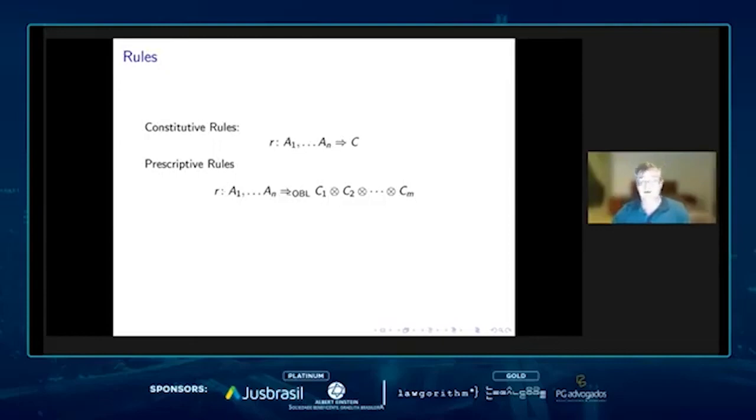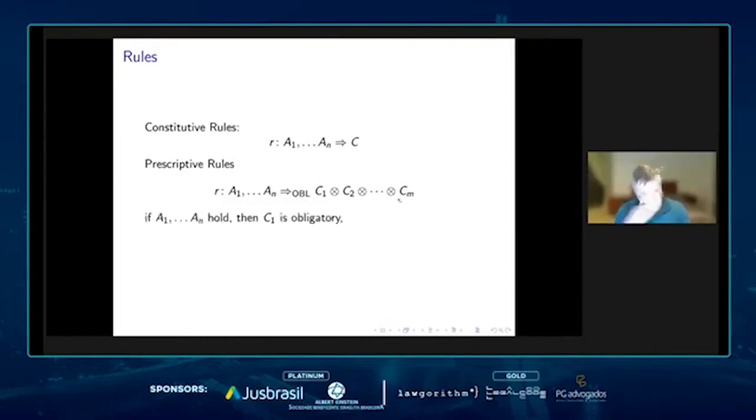We use the obligation, and the meaning of a prescriptive rule is to generate obligations or prohibitions or permissions. So if A1 to AN are the case, so if they are true or they hold in a particular case, we are allowed to conclude that C1 is obligatory, plus since we might have a longer expression with compensations, we can apply those operators and so on.